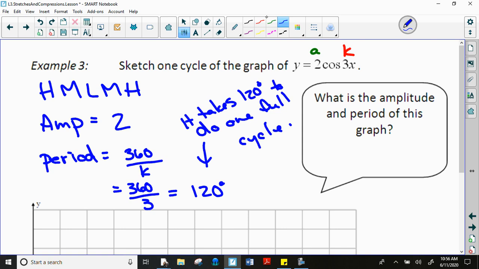Now, the important thing about this value is you need to break it into 4 pieces.